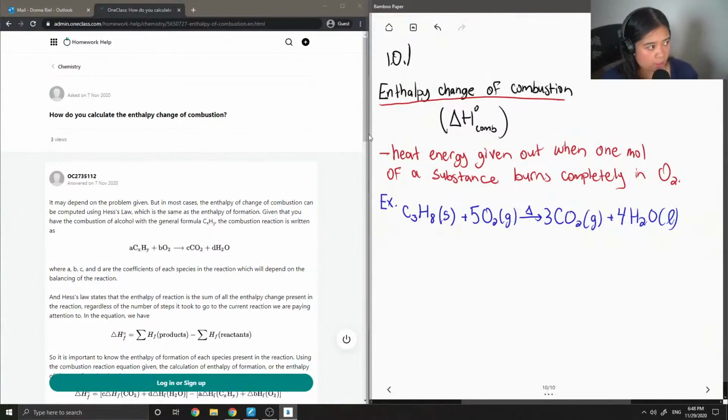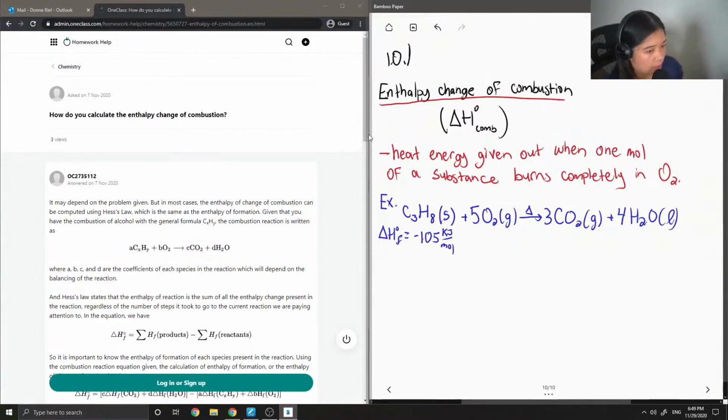Okay, so usually in a question that asks for the enthalpy change of combustion for the whole reaction, they give us the delta H of formation for all of the reactants and the products that are involved in the reaction. So I'm going to write down all their values at the bottom. So for the propane, it has a delta H of formation of negative 105 kilojoules per mole.